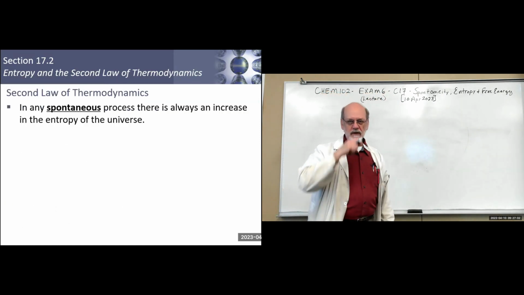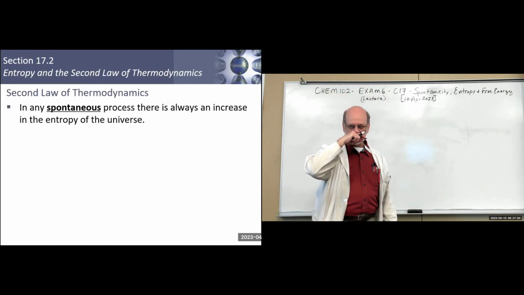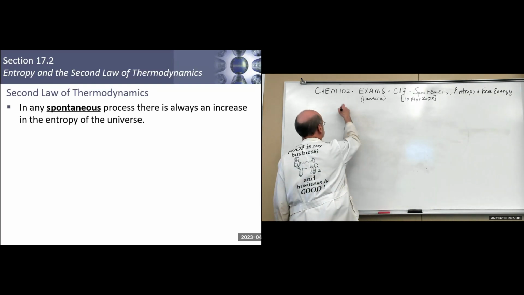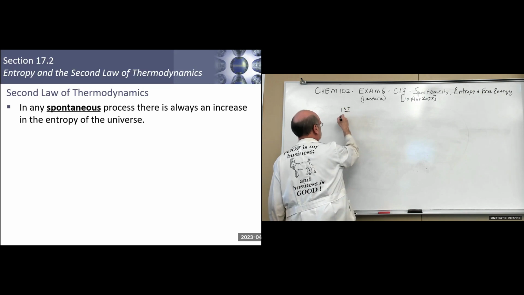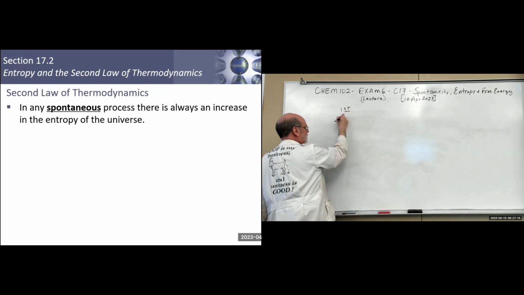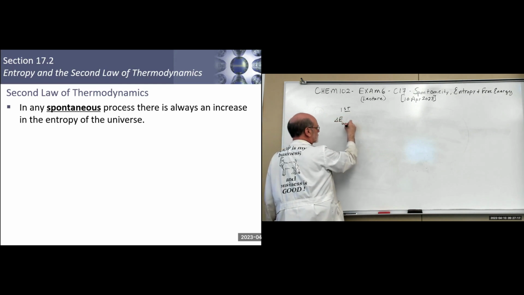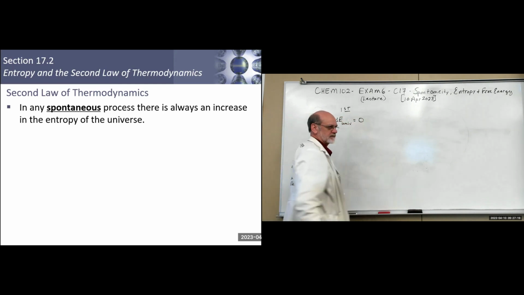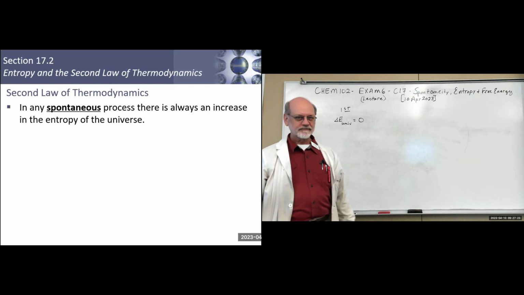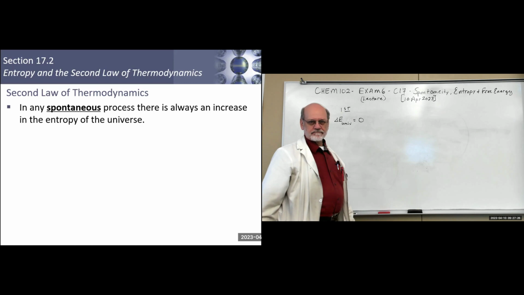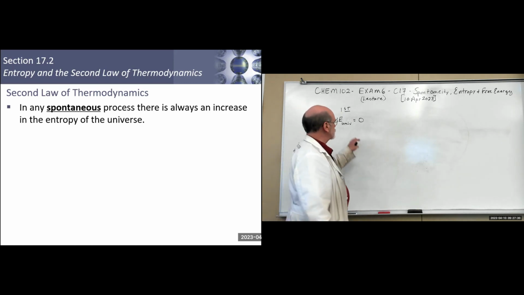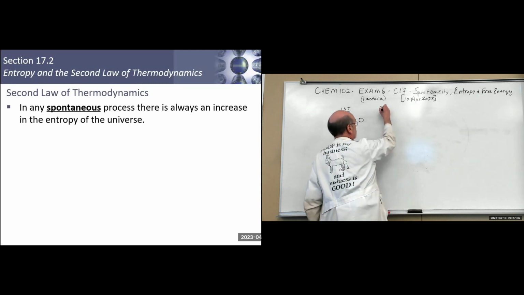So, what was the first law of thermodynamics? Let's get these in order. First law of thermodynamics: change in energy for the universe is zero. Right? The total energy in the universe is constant. Second law of thermodynamics has to do with entropy.